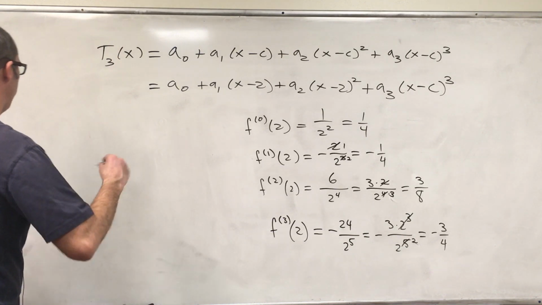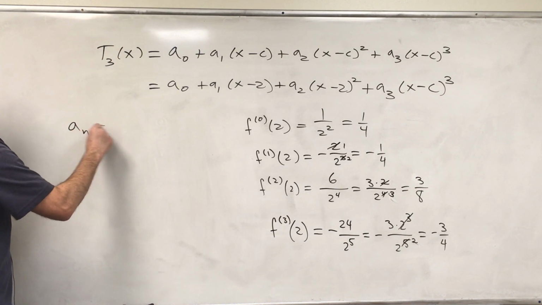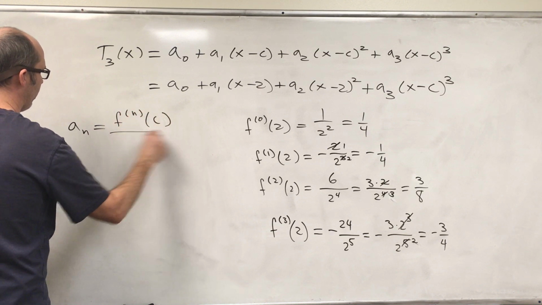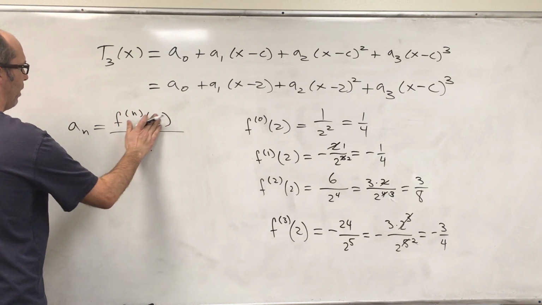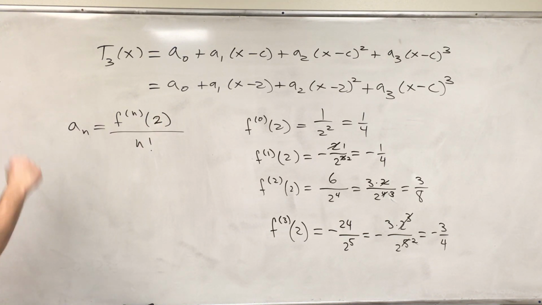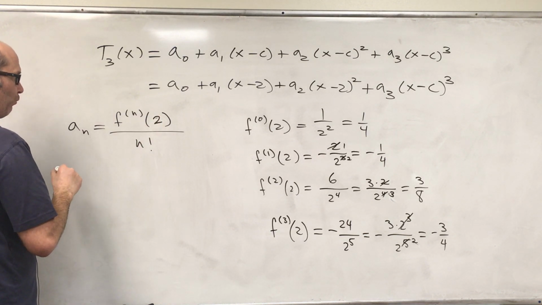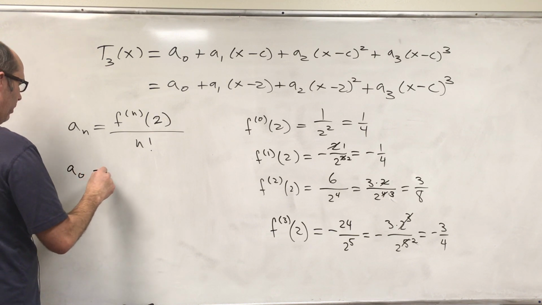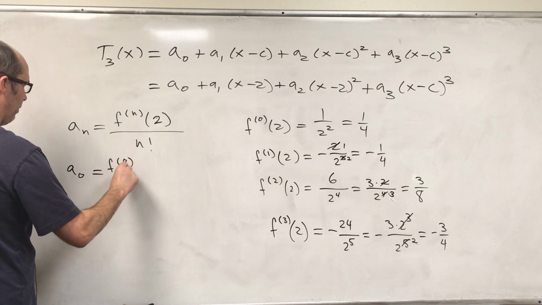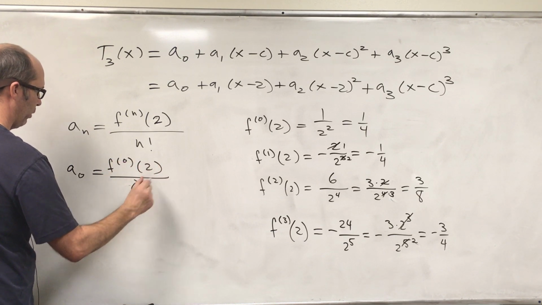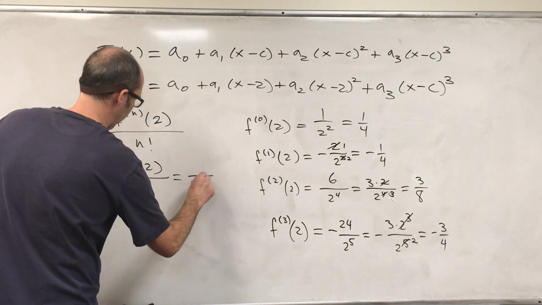Okay, so remember our formula: a_n is the nth derivative at c over n factorial. c in our case is 2. So a0 is f0 at 2 over 0 factorial. Remember, 0 factorial is 1.